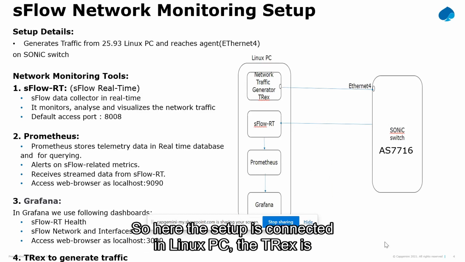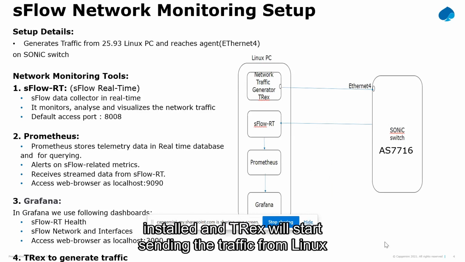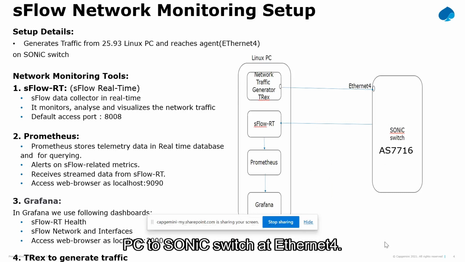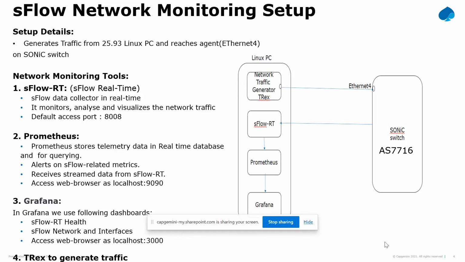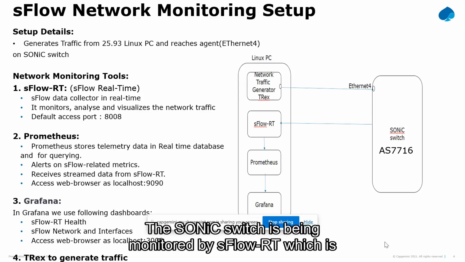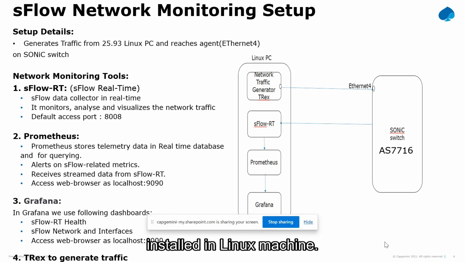So here the setup is connected in a way that on the Linux PC, T-Rex is installed, and T-Rex will start sending the traffic from the Linux PC to the Sonic switch at Ethernet 4. The Sonic switch is being monitored by sFlow, which is installed on the Linux PC.